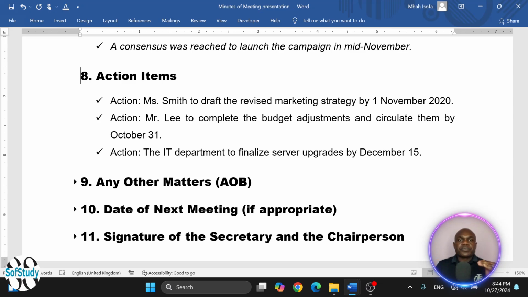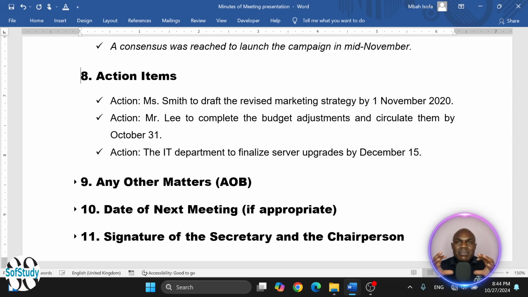And we will now also state the date of the next meeting if appropriate. And at the end, we are going to include the signature of the secretary and the chairperson. These two people have to sign. The secretary will sign first, then below the secretary's signature, the chairman will sign.